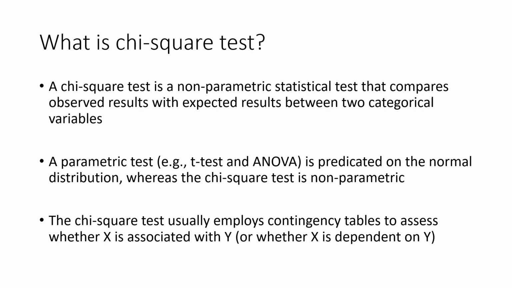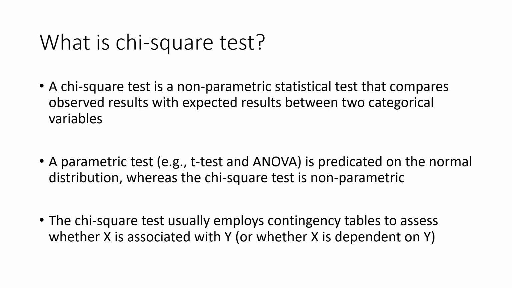Okay, so what do we mean by a non-parametric statistical test? So you'll recall that when we learned about the t-test and the ANOVA, these were described as parametric tests. And what I mean by parametric tests is that they are predicated on the normal distribution, right? The bell curve. And you'll recall that the dependent variable in both t-tests and ANOVAs has to be either ordinal or preferably scale level.